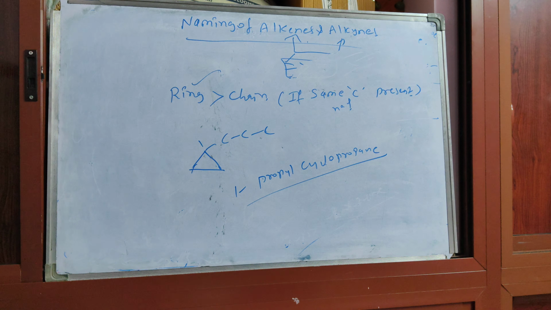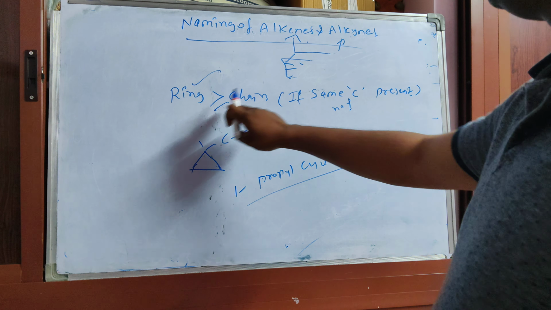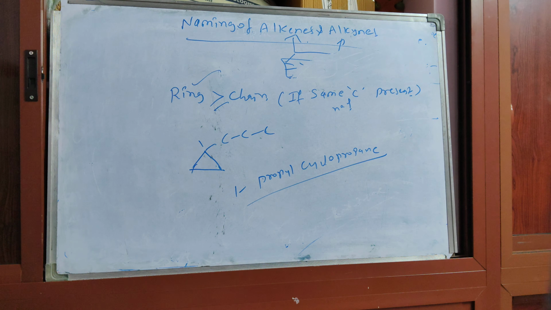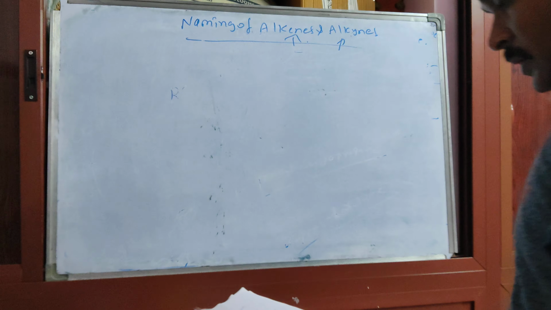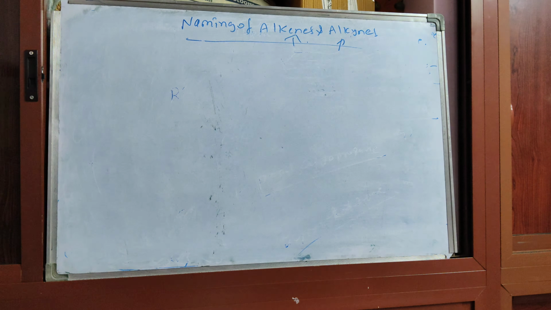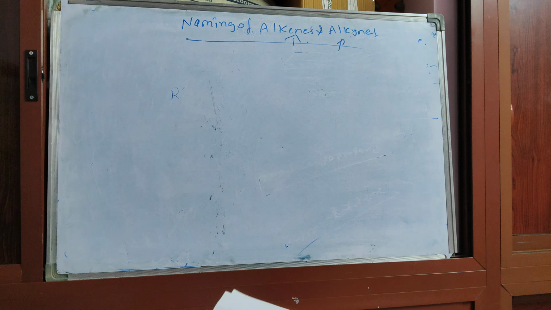Next, ring you get the highest priority. If it is equal, ring more priority. If it is not equal, ring is more priority. That is, ring gets the more priority compared to this one. If you take some of the examples, I want to discuss some of the examples in this case.